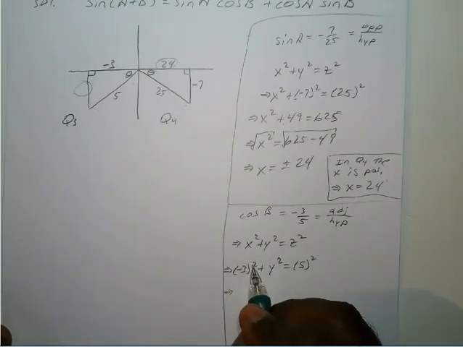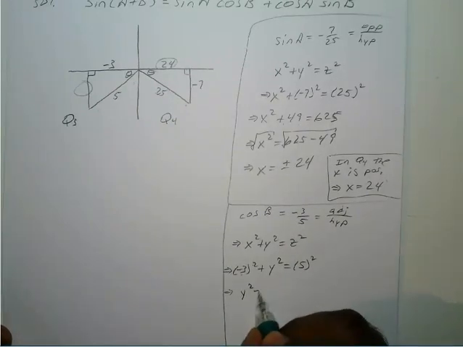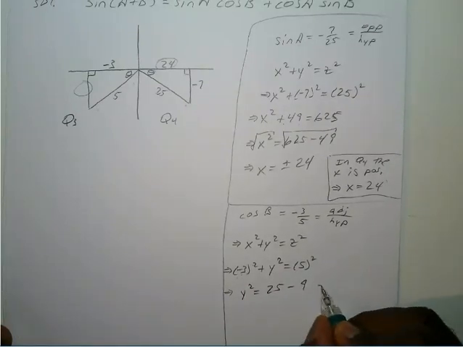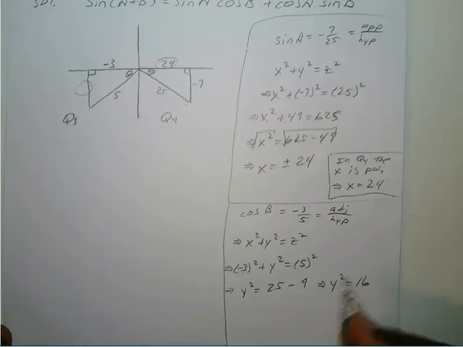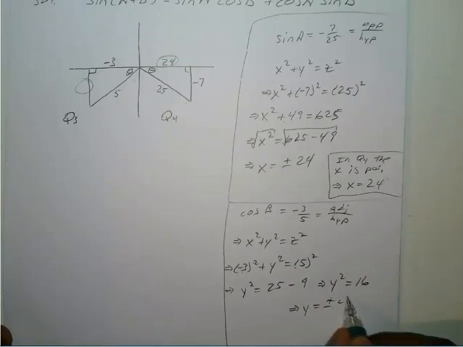Okay, so negative 3 squared is 9. So if we subtract 9 from both sides, we get y squared equals 5 squared minus 9. So that means that y squared is equal to 16. Square root both sides. That means y is equal to either positive or negative 4.